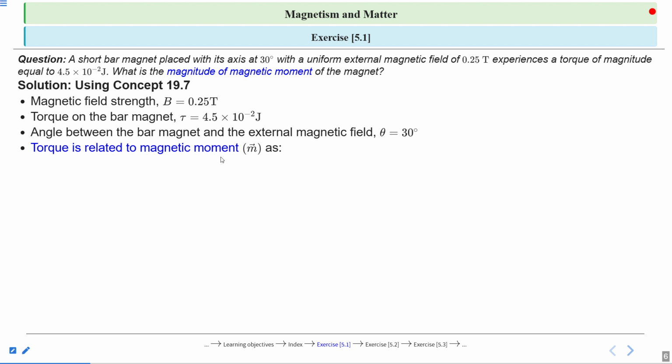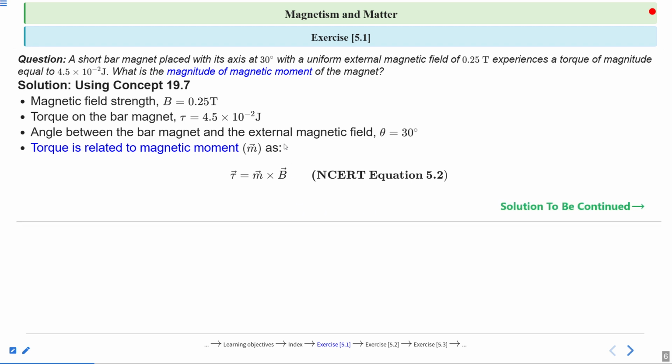So torque is related to the magnetic moment as tau is equal to m vector, that is the dipole moment vector, cross magnetic field vector. Okay, NCERT equation 5.2. But we have to calculate the magnitude of magnetic moment, so we will take this equation in terms of magnitude.